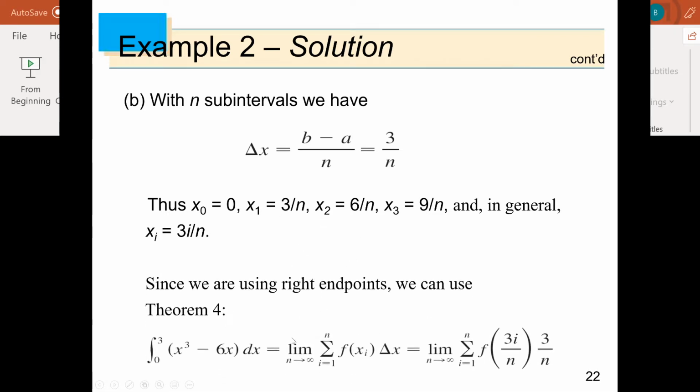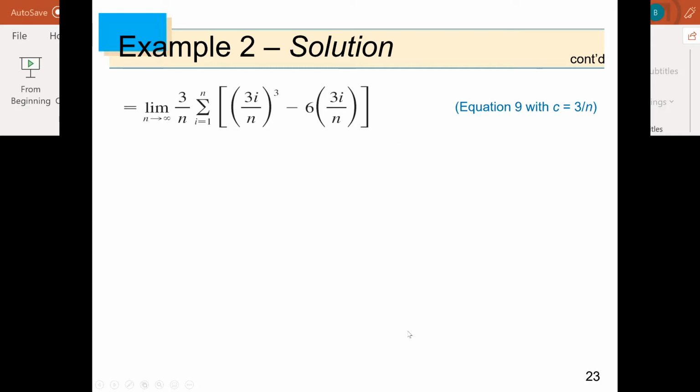And then by using the Riemann sum formula, we have the limit as n goes to infinity of the summation, i equals 1 to n, of f of 3i over n times 3 over n. And then by using the limit properties that we just went over, we just separate them.